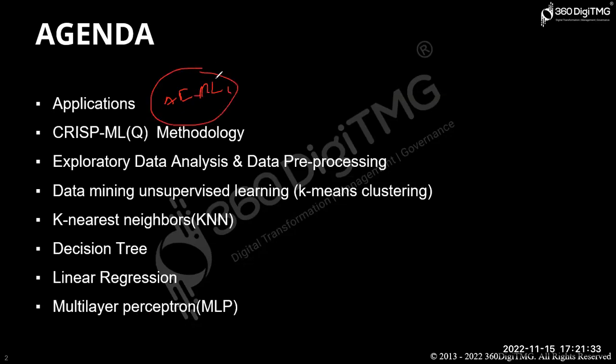We need to understand the difference between AI and machine learning as well. We'll go through that very briefly, and then we'll see what the applications of AI or ML are when it comes to banking and insurance, and how it will revolutionize the banking industry and insurance industry. We'll go through.